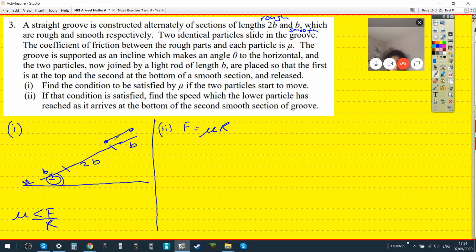I don't really get it. Would you have to model the whole thing as one big particle? I don't know. That's why I said this question is so hard.